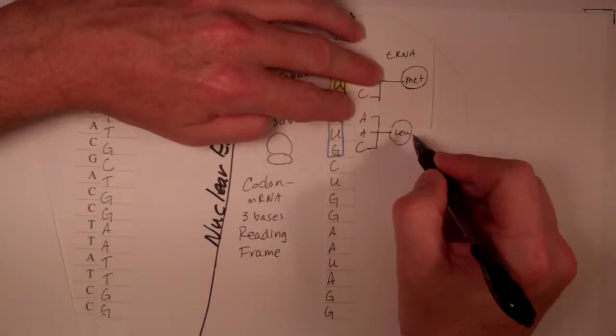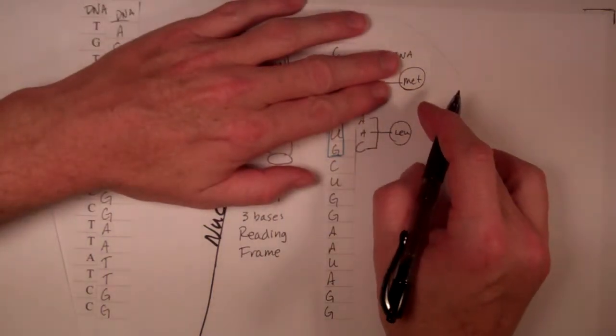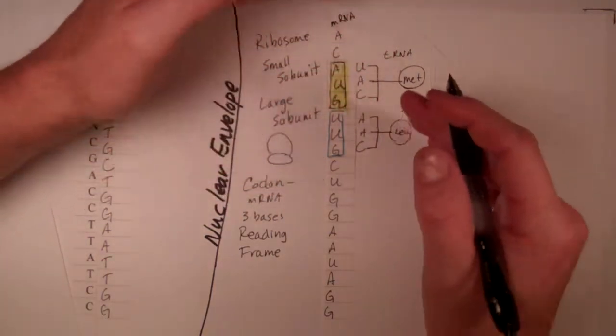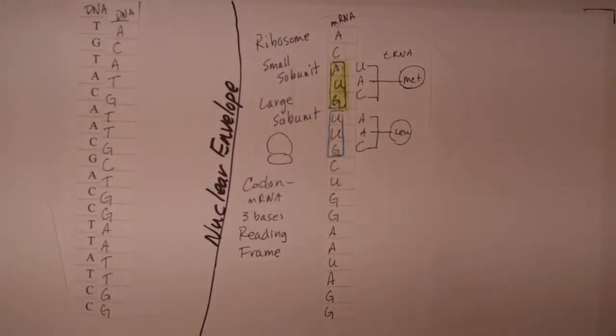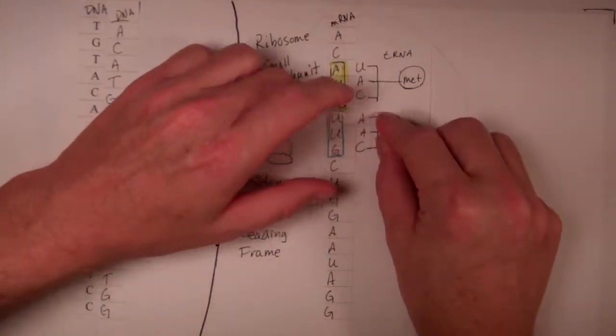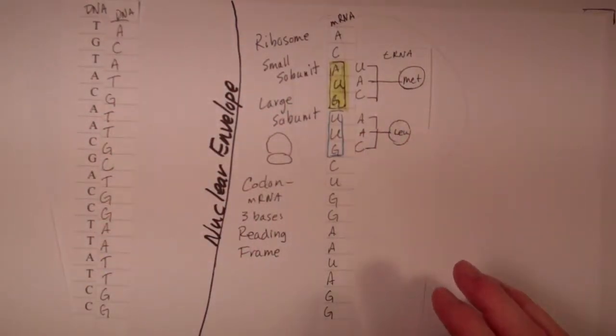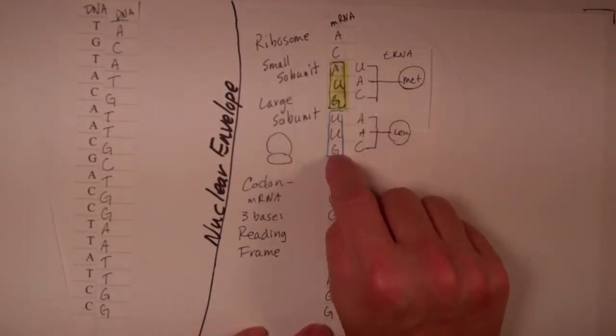So this thing was out floating in the cytoplasm, and when the ribosome moved down this reading frame and saw that it was UUG, this piece of tRNA was able to come in and bond right here with this particular codon.